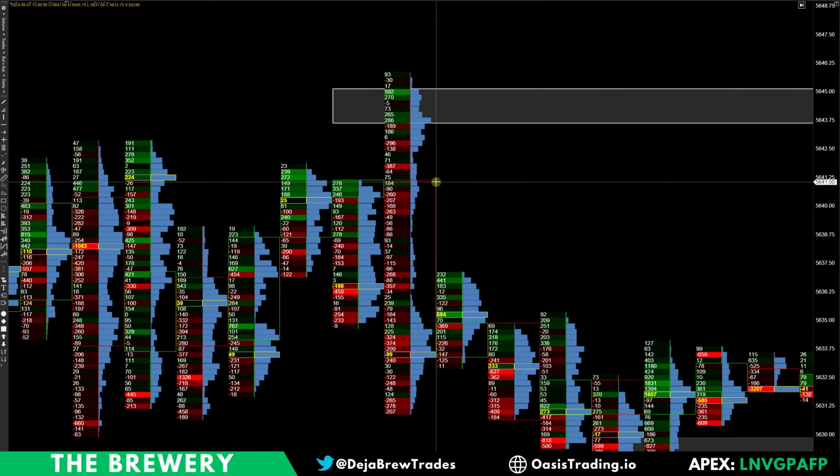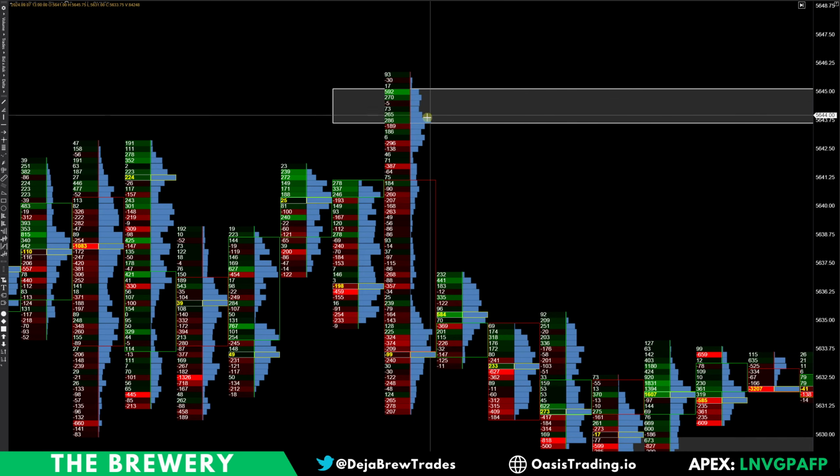But when it was pushing into the high, we saw that cluster of bullish delta. Now, it's kind of counterintuitive, right? You would think a big cluster of bullish delta on the high of a candle should be bullish, right? That means there's a lot of people buying the high of that candle. They want to push the price higher.